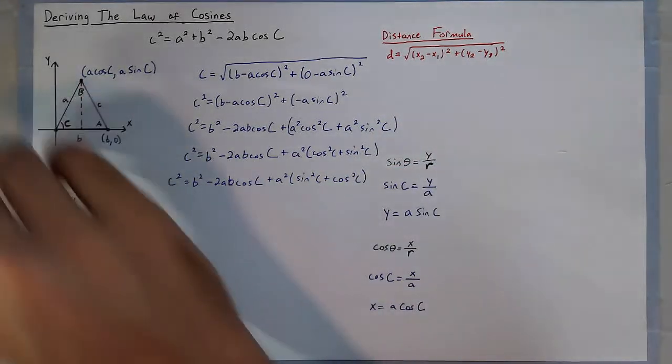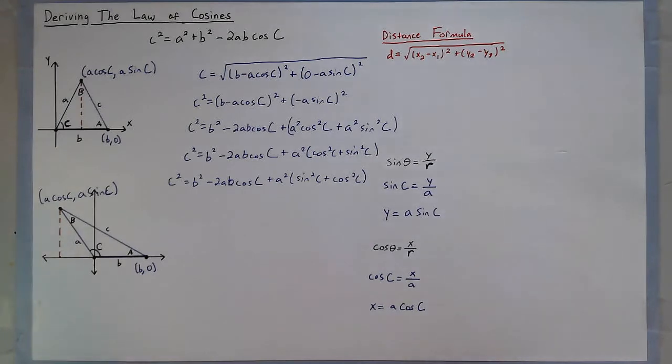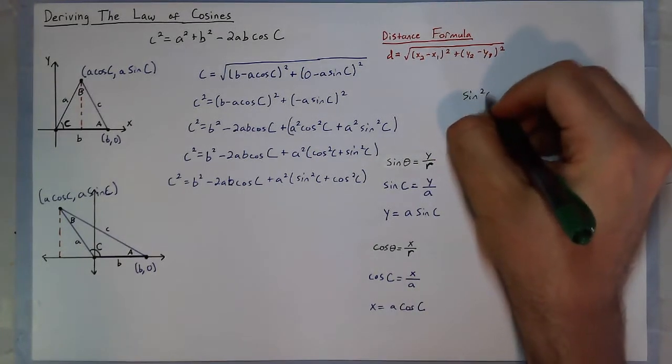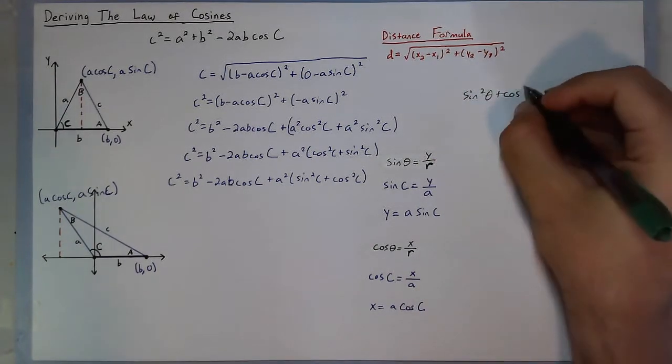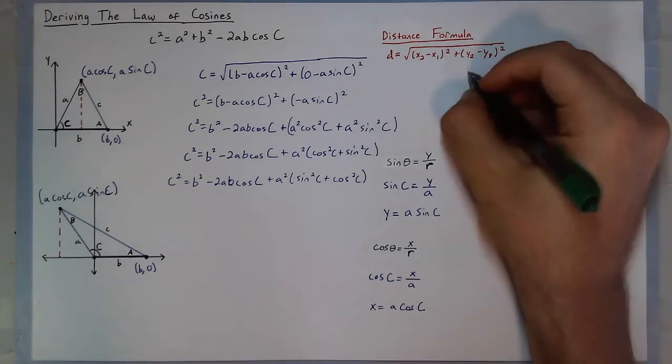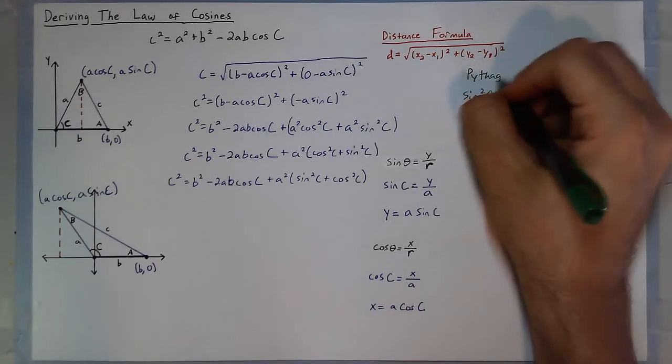And I know that sine squared of theta plus cosine squared of theta is equal to 1. That's the Pythagorean identity.